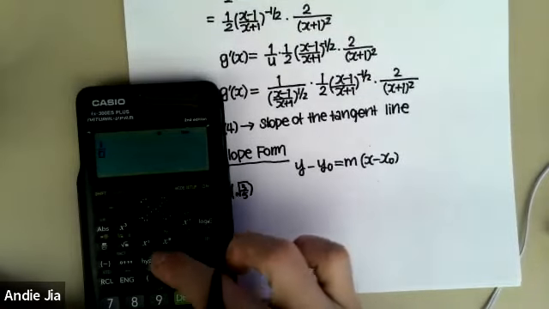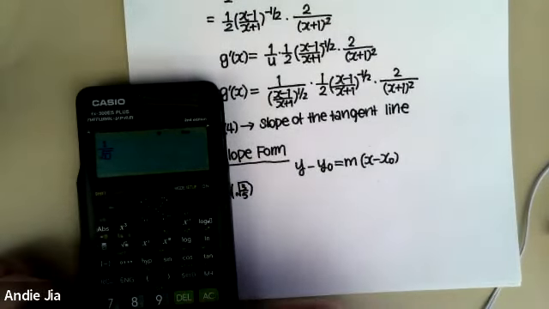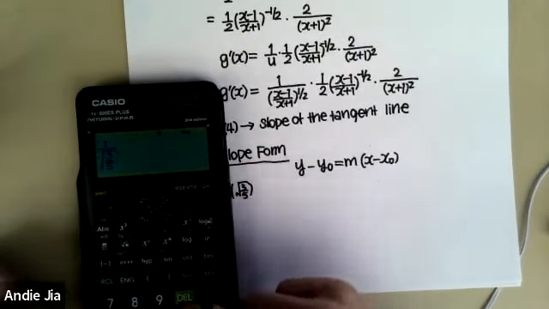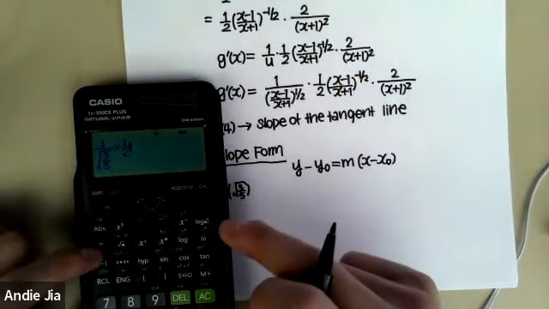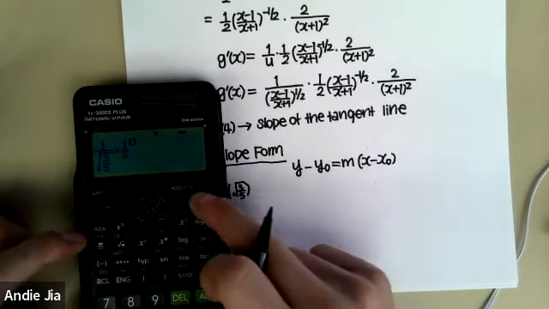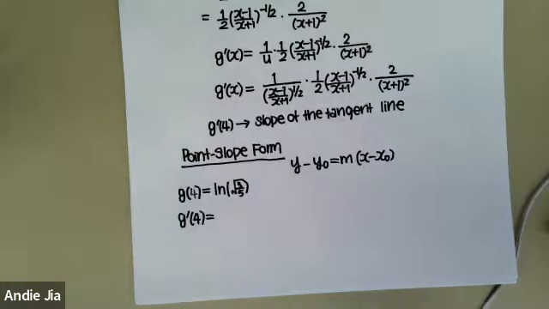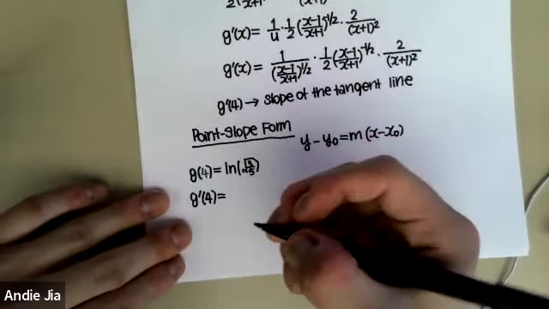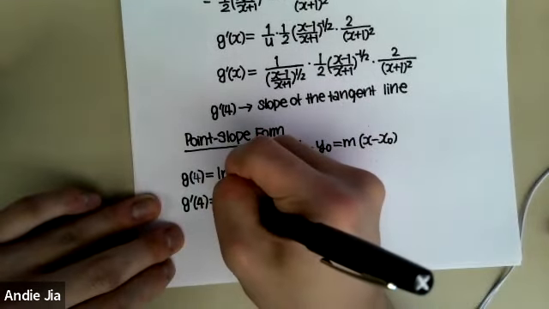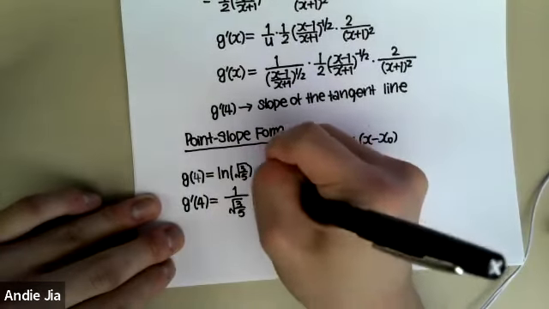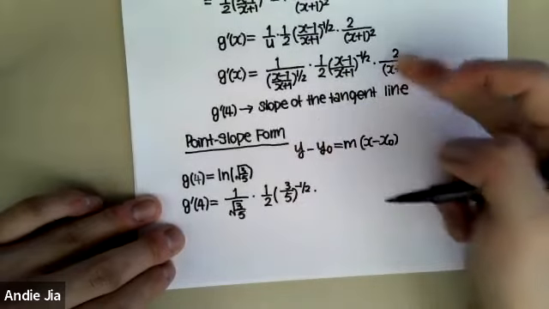Then we multiply by 1/2 times this. Well, I'm sorry, I didn't know how to use the calculator, so I'm just going to write out the whole computation process. It's going to be 1 over square root of 3 over 5, multiplied by 1/2 times 3 over 5 to the negative 1/2. And plugging in 5, it's going to be 25 over 2.